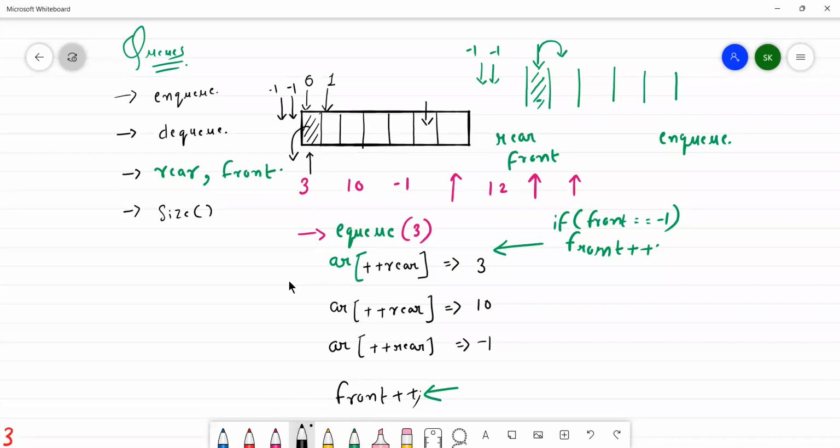Then how will the size work? It will be the difference between front and rear. You need to tell me. Let's suppose I entered 3 initially, then 10, and then I entered -1. Your rear will be at this particular index 0, 1, 2. Your front will be at 0. What will be the size?